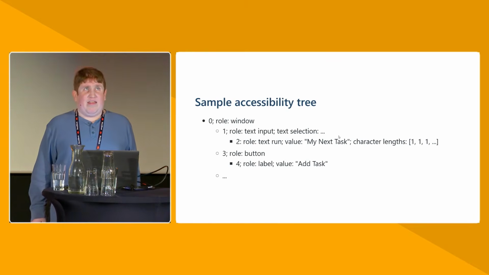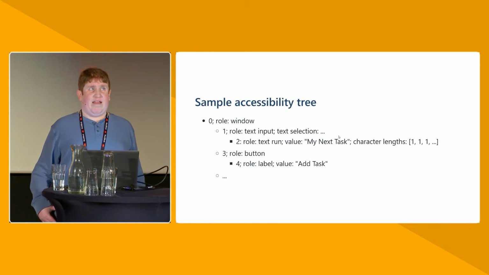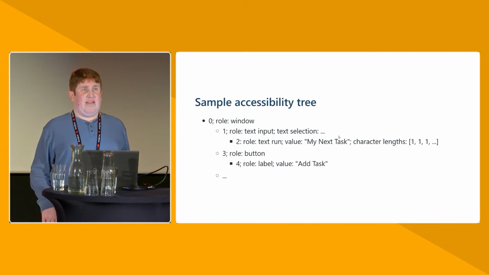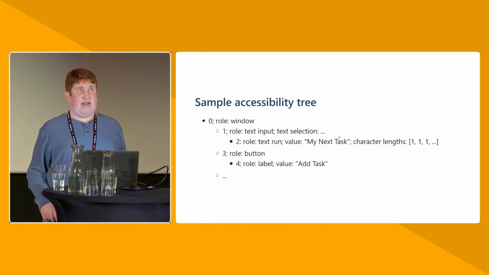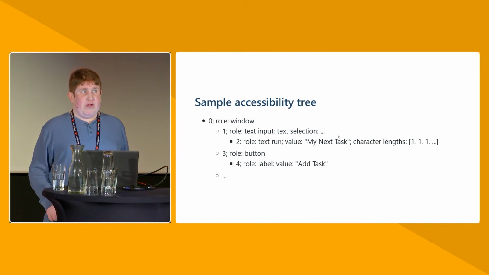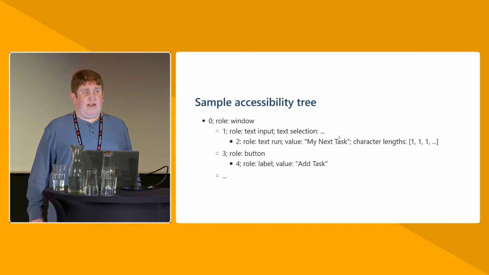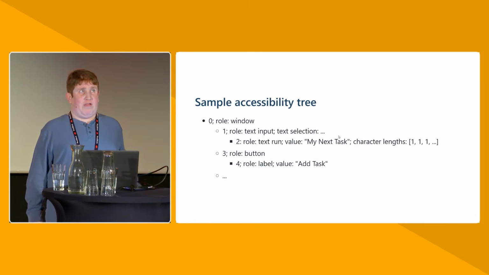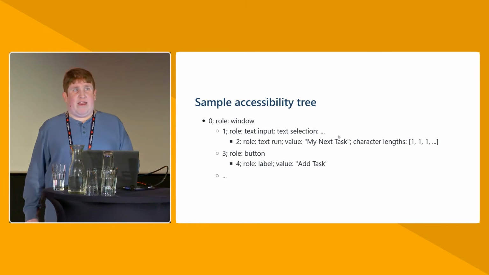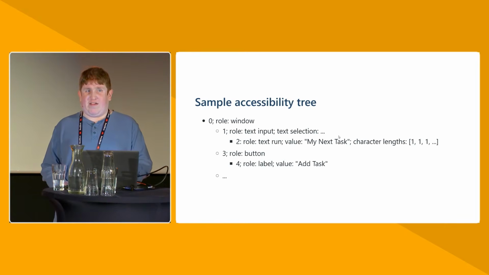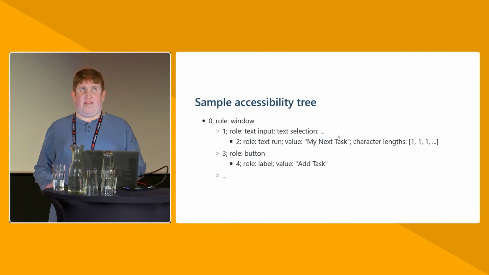So at the root, we've got our window node, and then the window has a child node for each of the widgets. The text input node has a text selection, and I've omitted the details of how that's represented, but it's there. And then the text input has one or more text run child nodes. A multi-line text input would have at least one text run per line. And when you get into things like rich text and bidirectional text, then you often have multiple text runs per line.